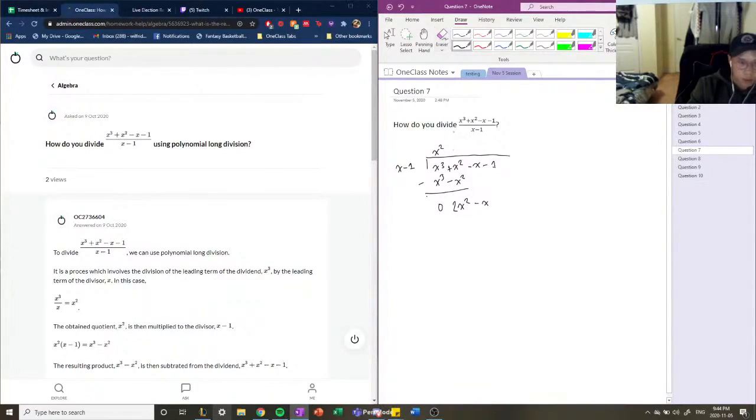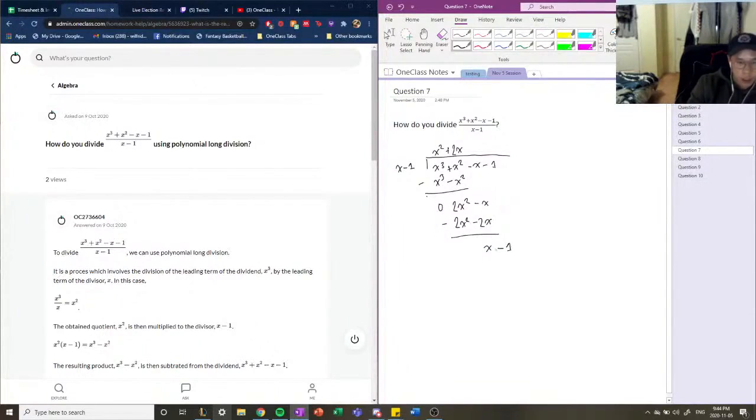Okay, let me write that again. 2x. So we get 2x squared because 2x times x is 2x squared, minus 2x. We subtract that and we get x. Bring down the last term, which is minus 1.